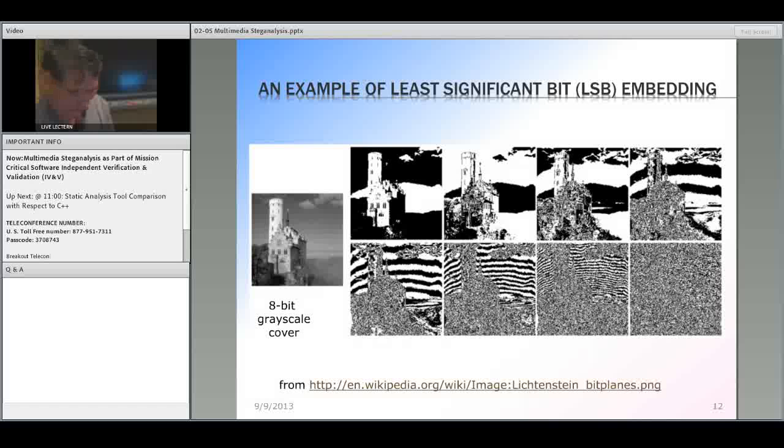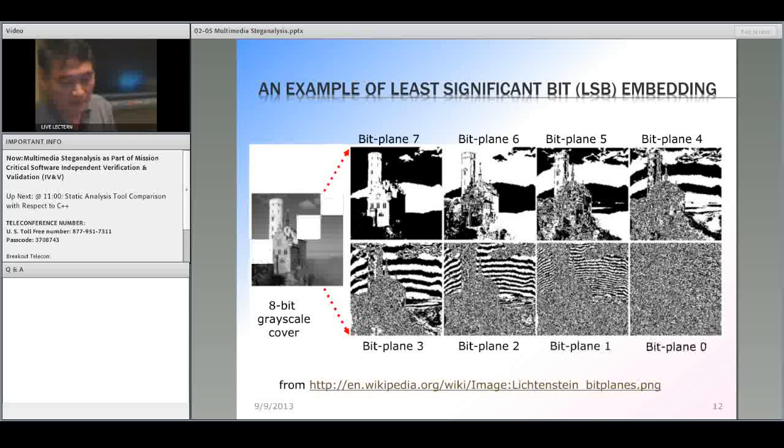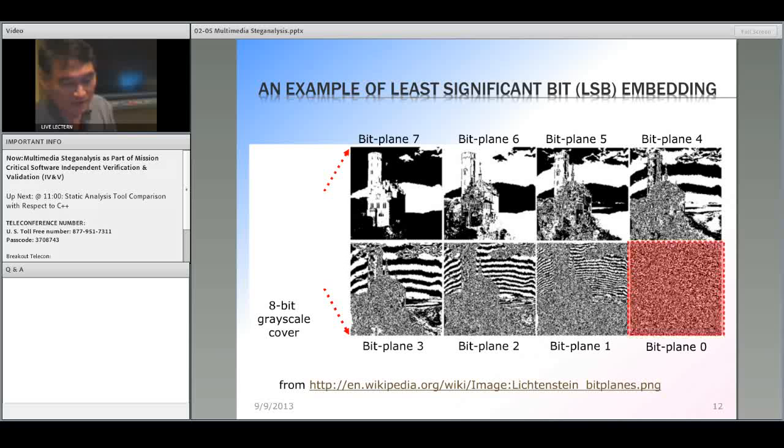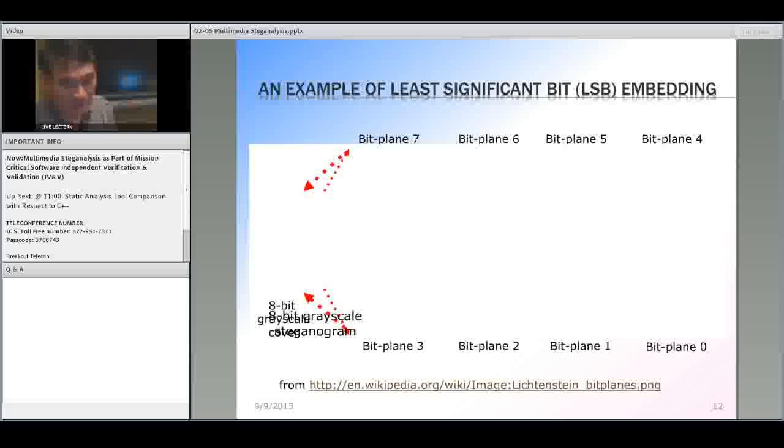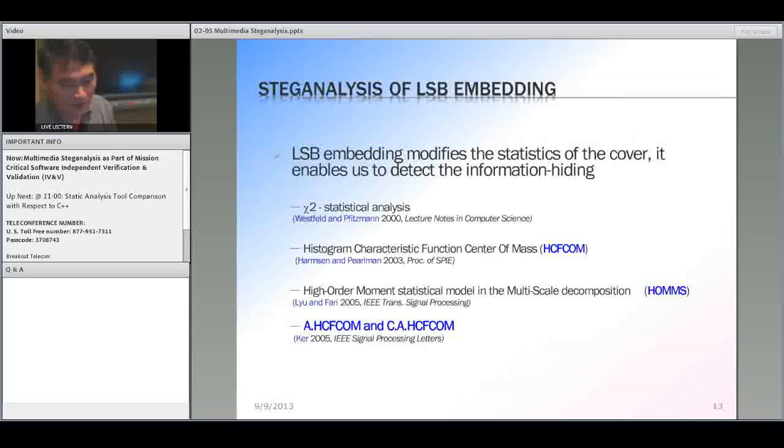They do not have the correlation of the three different color channels in a color image. So in fact, it's a better benchmark to evaluate the effectiveness of detection algorithms. All right, so this is the schematic diagram of how to modify the least significant bit to obtain steganography.